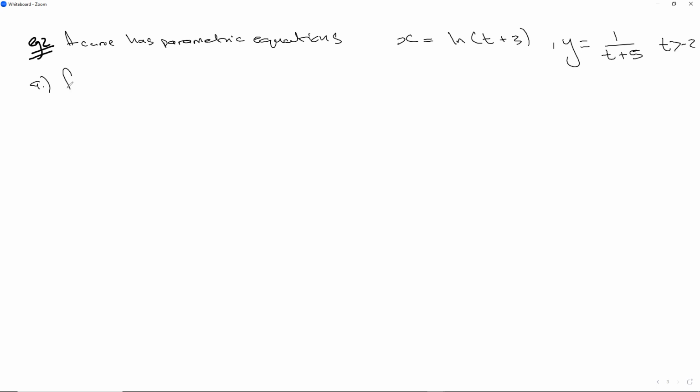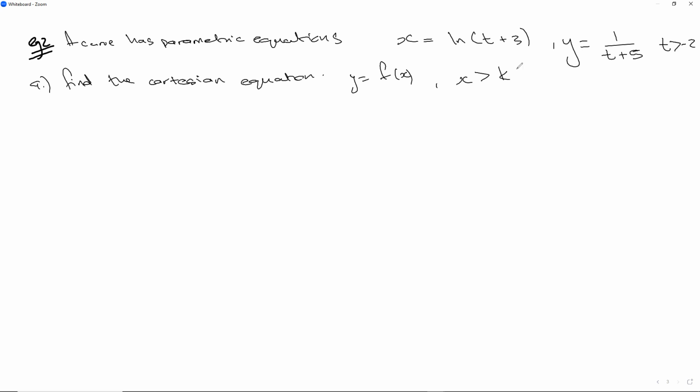So the first one we're going to do is find the Cartesian equation. We're given that it's in the form y equals f of x, where x is greater than some constant k to be found.